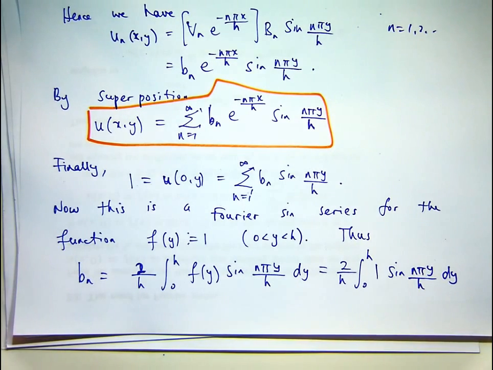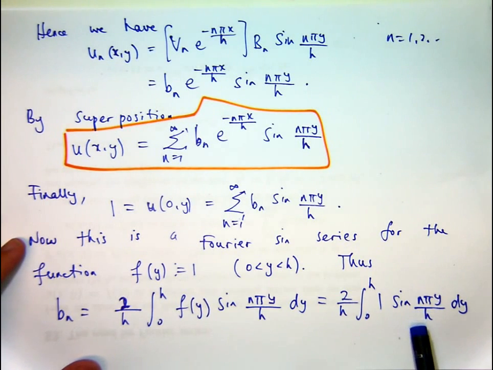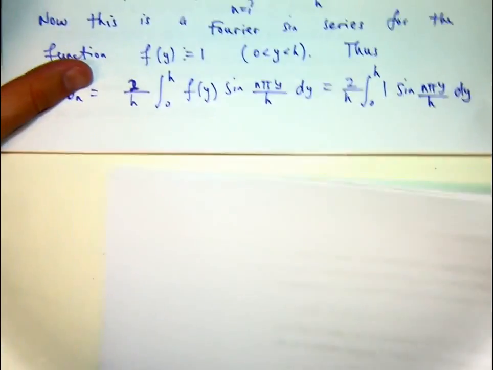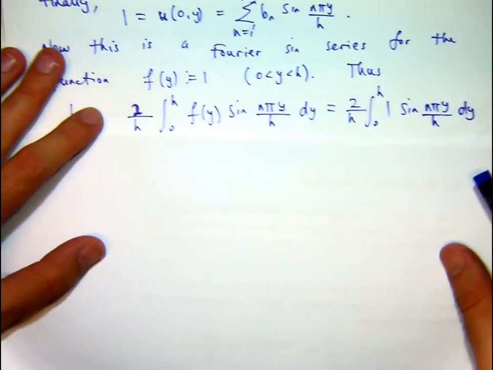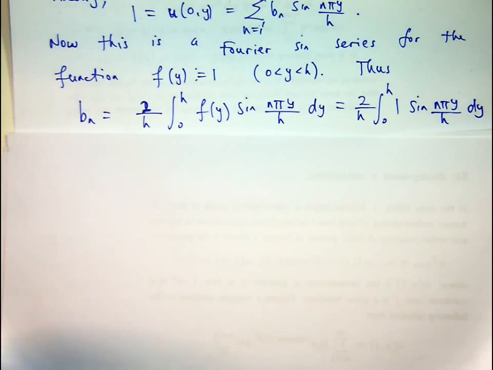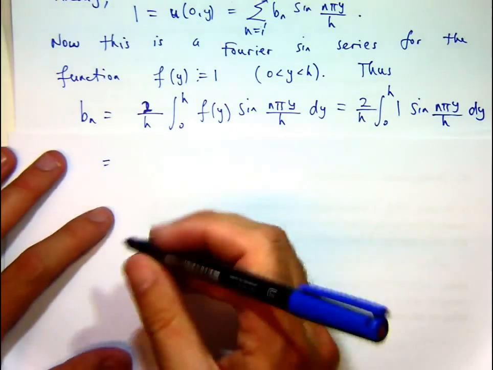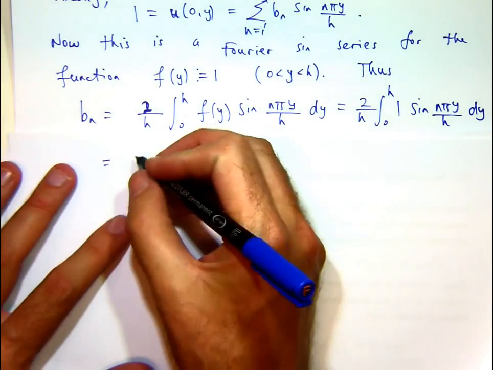So we're integrating something that's not too difficult. We don't have to integrate by parts, which is good. So let's carry out this integration, integrating with respect to y. Integrating with respect to y, we note that sine goes to negative cosine.